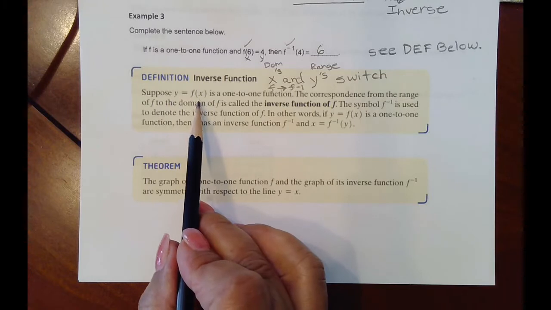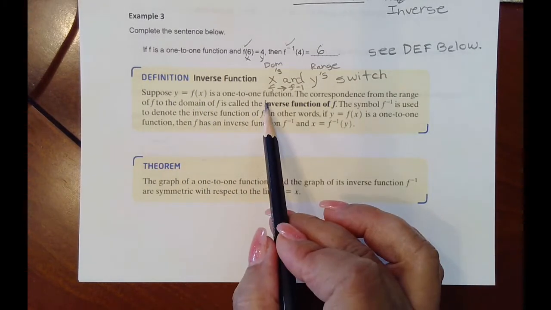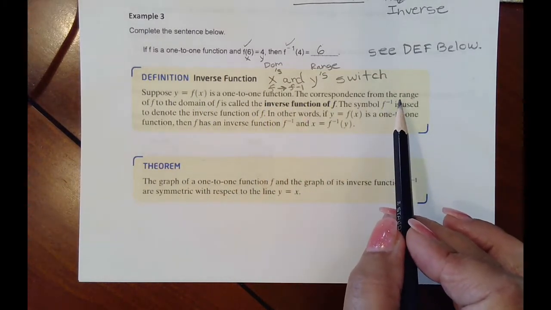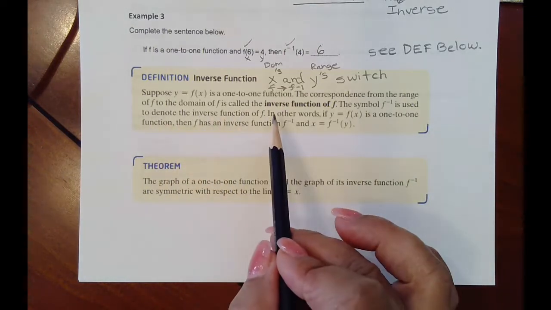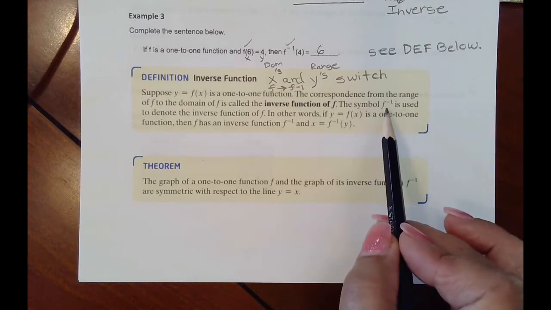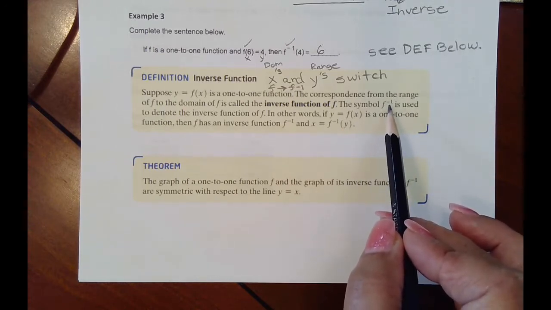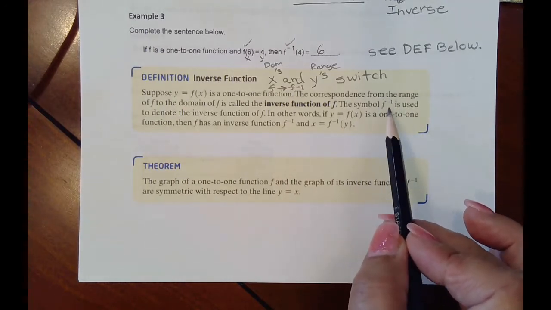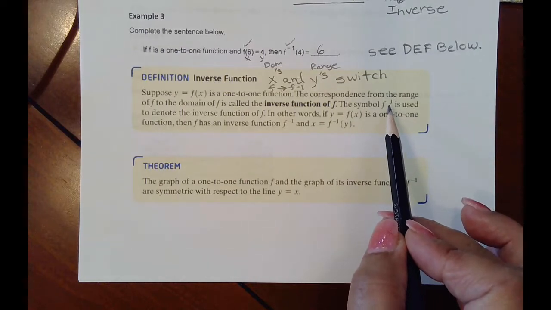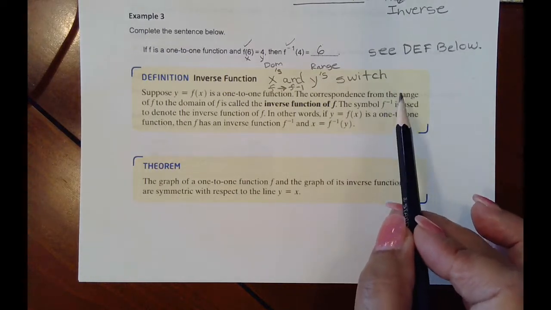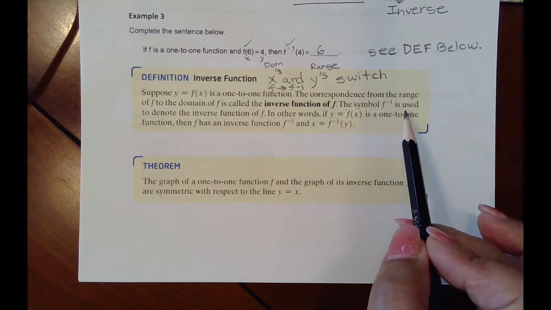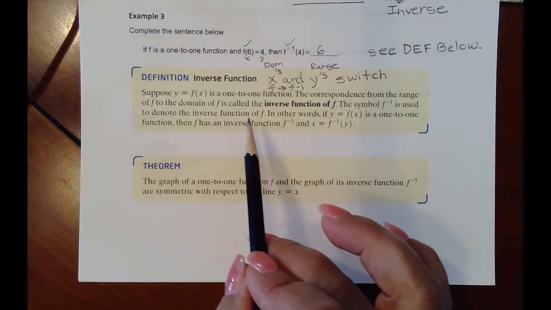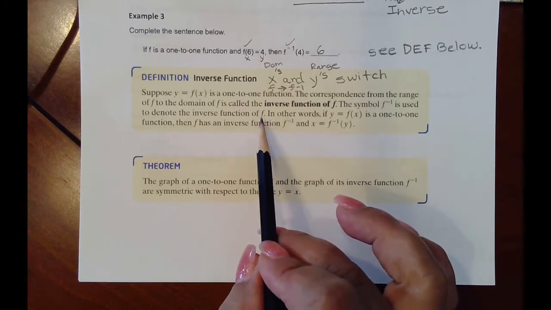And that's what this definition says. Suppose y is the original function f of x and it's one-to-one. The correspondence from the y values, the range of f, to the domain of f is called inverse of f. The symbol f, what looks like a power of -1, but really in this case it's just used as the symbol for inverse. It does not mean raised to a power of -1. The inverse symbol for the function is used to denote the inverse function of the original function f.